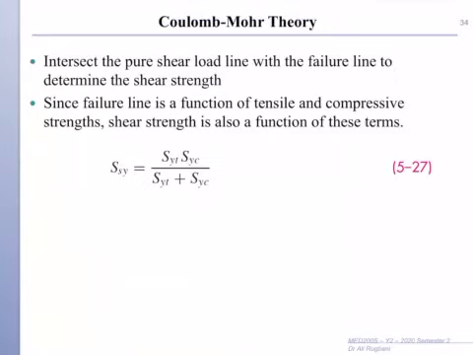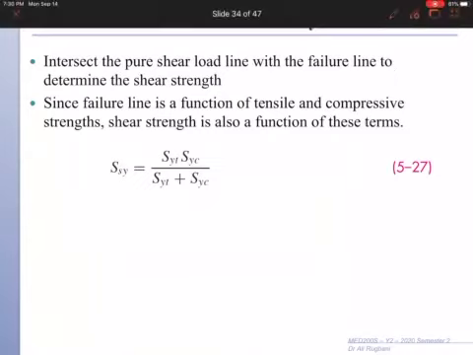Okay, now the case when we have only shear. There is no tension, compression, or bending, only pure shear loading, only torsion and shear stress. In this case, you can calculate yield strength for shear from both strengths, compression and tension.